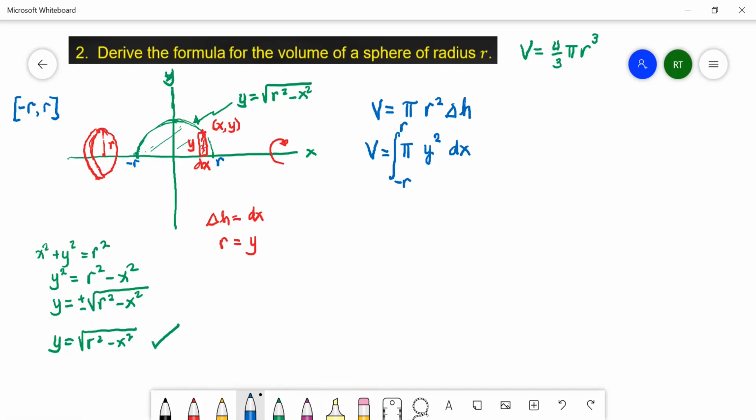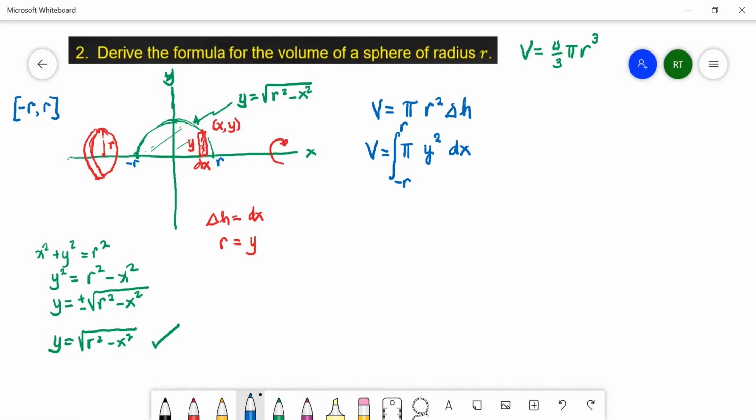And again, there is symmetry with respect to the y-axis, right? The equation, of course, y is equal to the square root of r squared minus x squared is an even function. So there is symmetry about the y-axis, and the region R to the right of the y-axis is equal to the region R to the left of the y-axis.